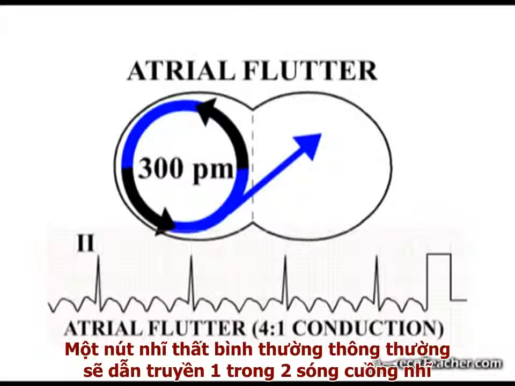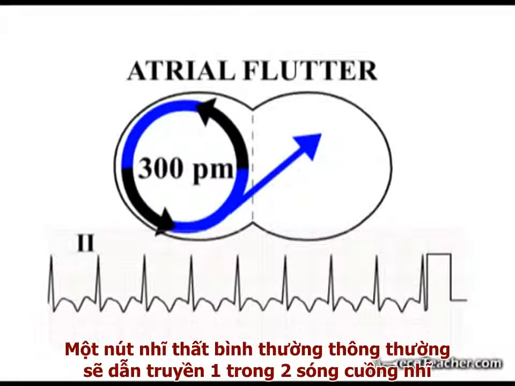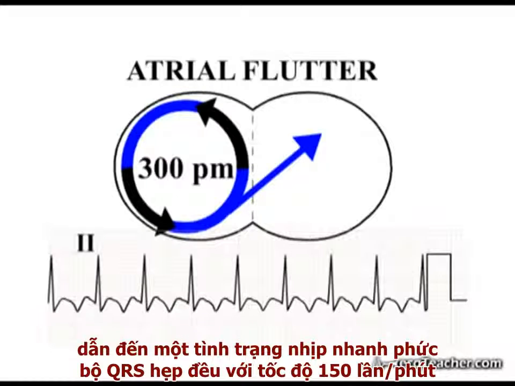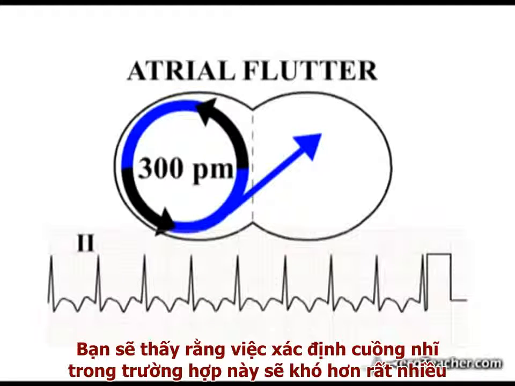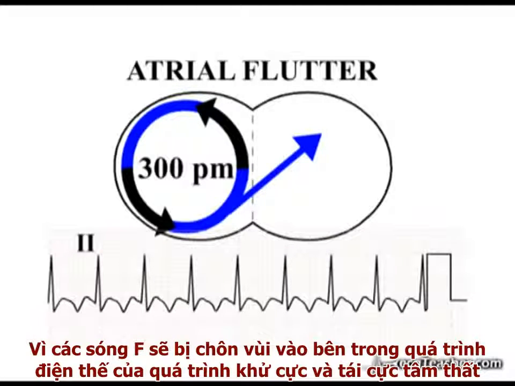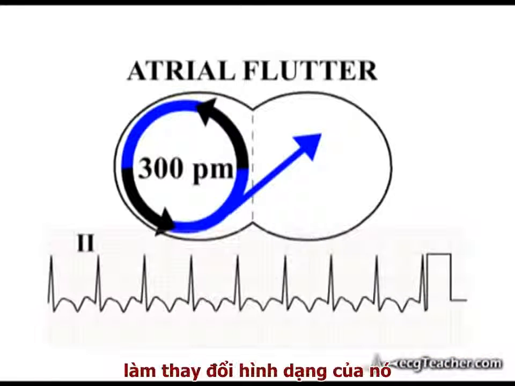A healthy AV node will typically conduct every second flutter wave, resulting in a regular narrow complex tachycardia of 150 beats per minute. You will appreciate that identification of flutter waves in this situation is much more difficult, as the electrical events of ventricular depolarization and repolarization fuse with every second wave, obscuring it and also distorting its shape.